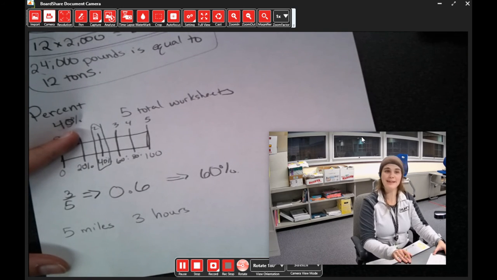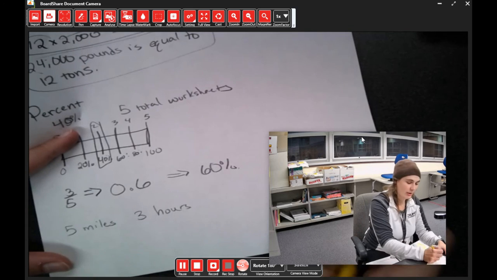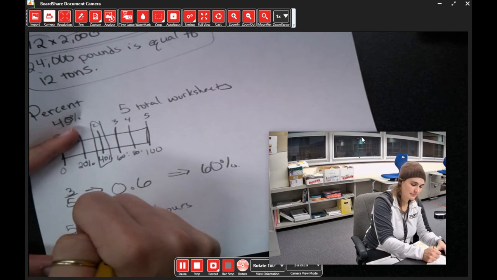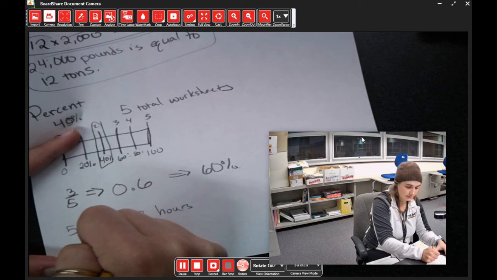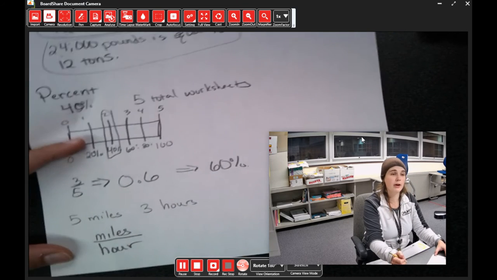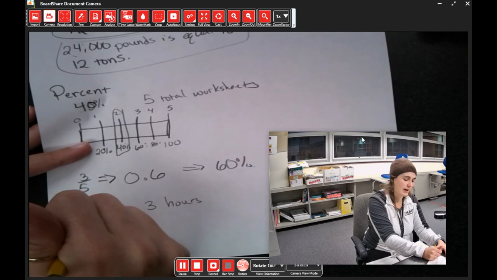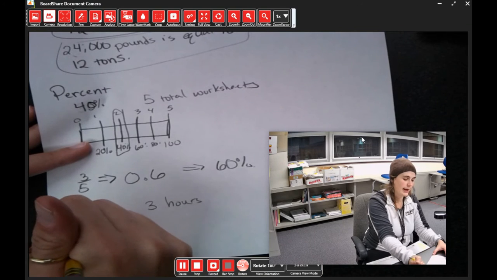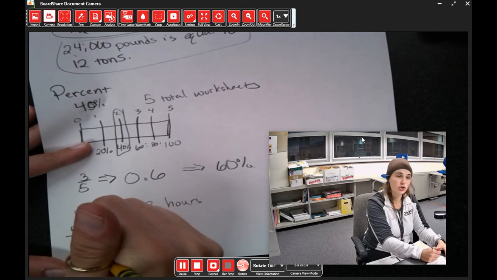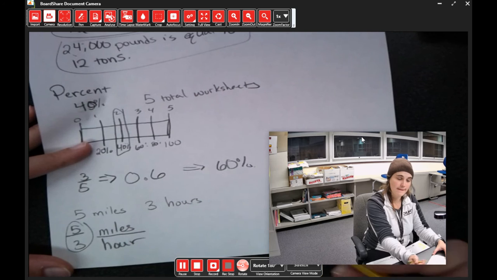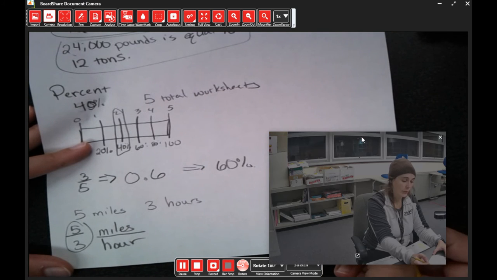Our units are going to be miles per hour. And then we are going to say, well, 5 miles was in 3 hours, so I need to divide. 5 divided by 3.